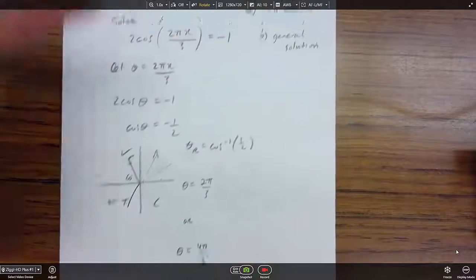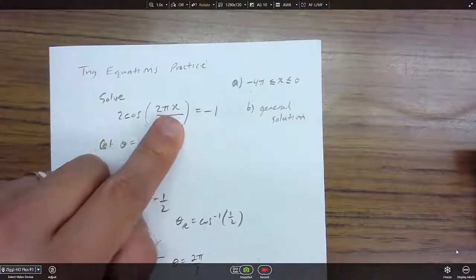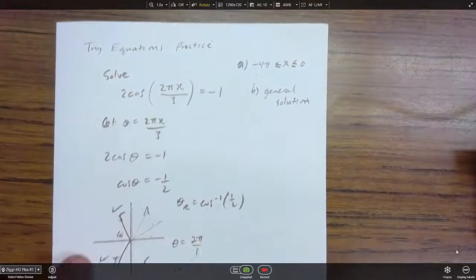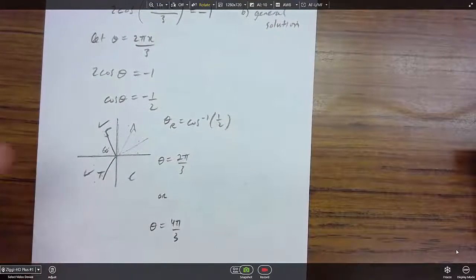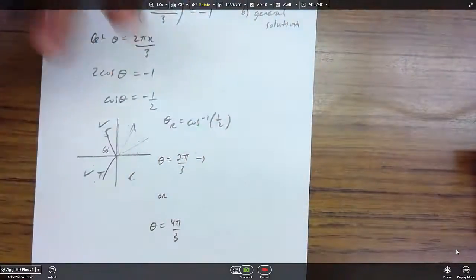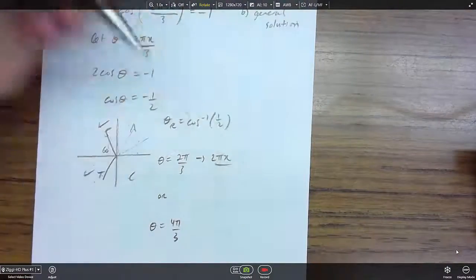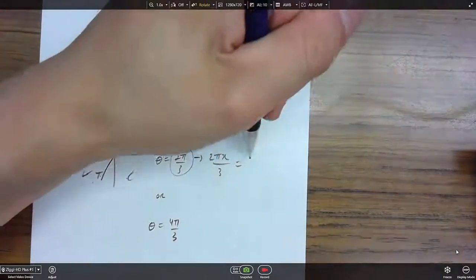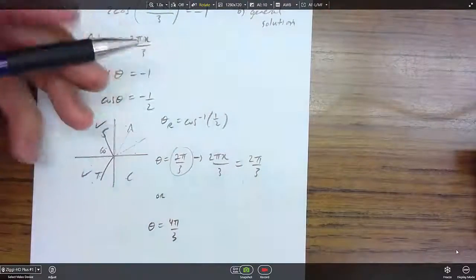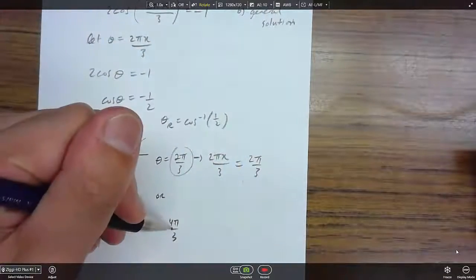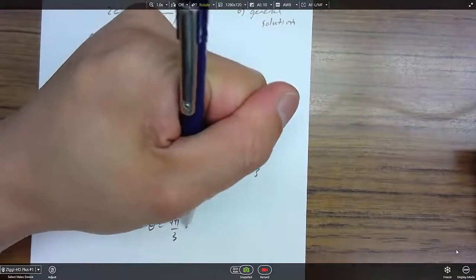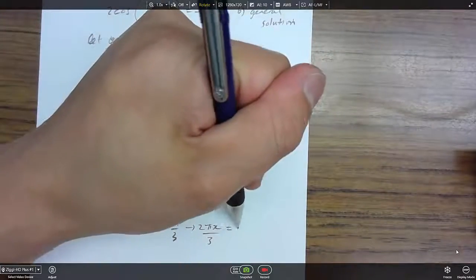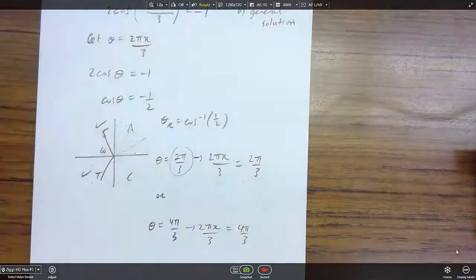Now remember that the original question was asking for x, and we let theta equal this business here. So let's continue on and say that 2 pi x over 3 equals 2 pi over 3, and down here we have 2 pi x over 3 equals 4 pi over 3.